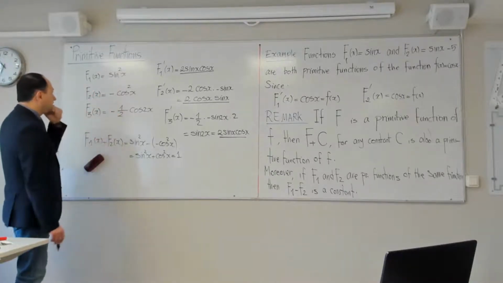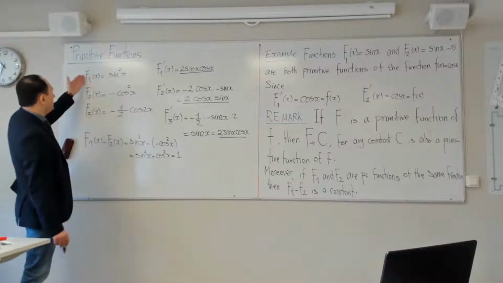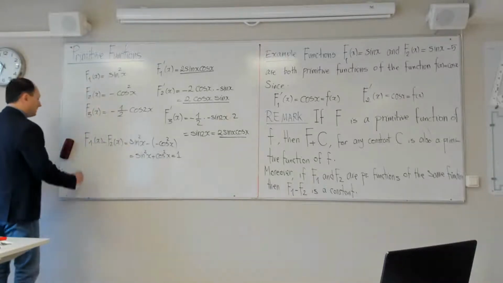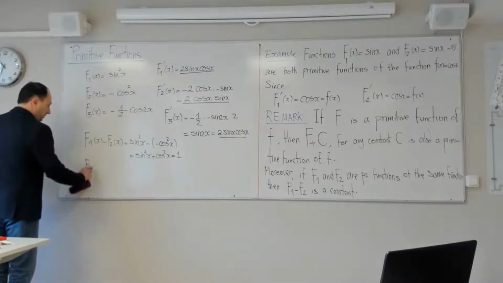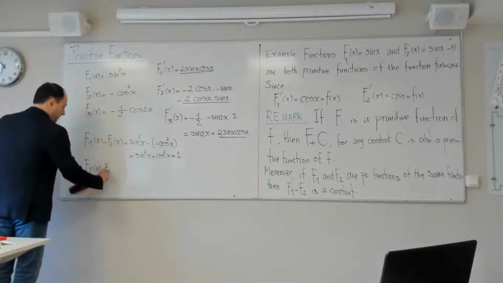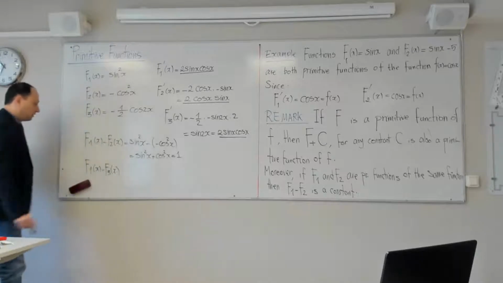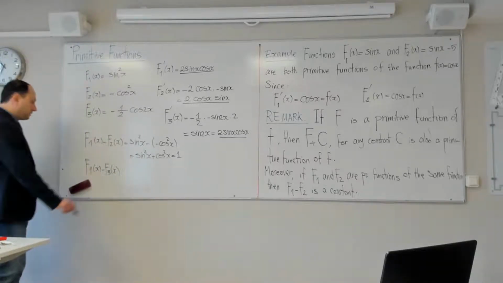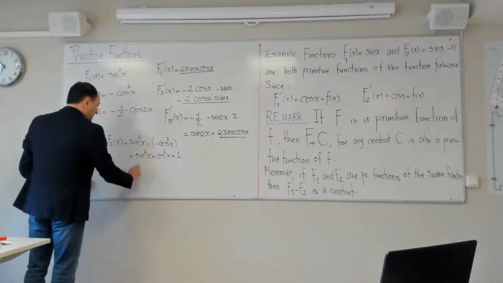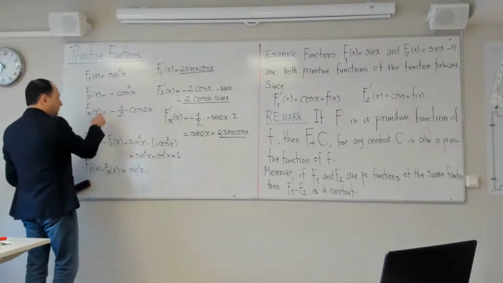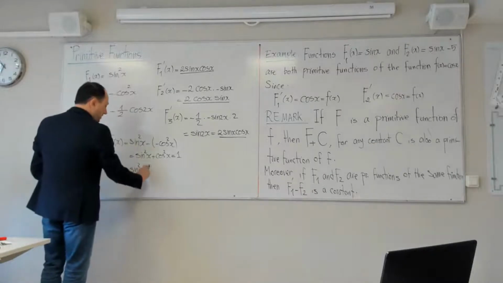Let me check the other one. Let me check the difference between this one and that one. So what is f1 minus f3? What is f1 minus f3? So this means that f1 is sine squared x minus f3. Minus minus becomes positive.